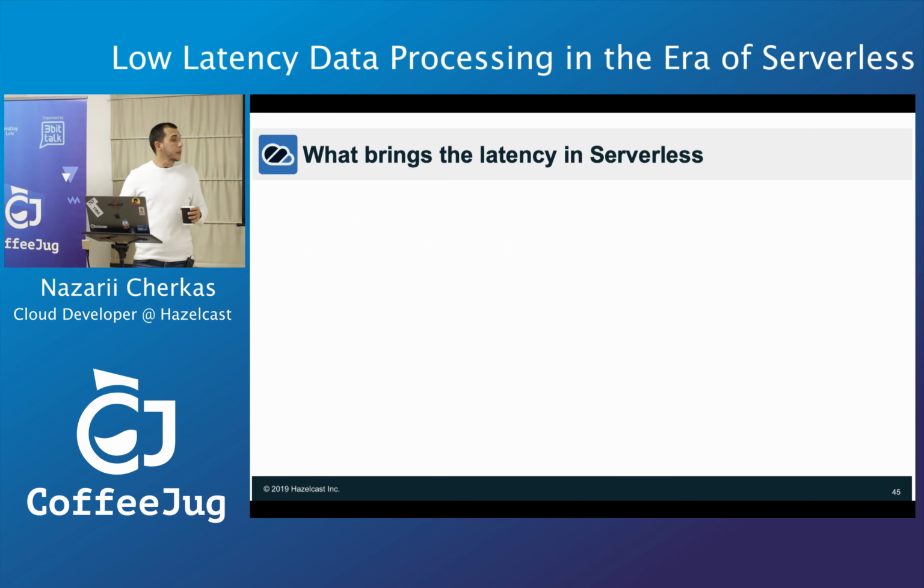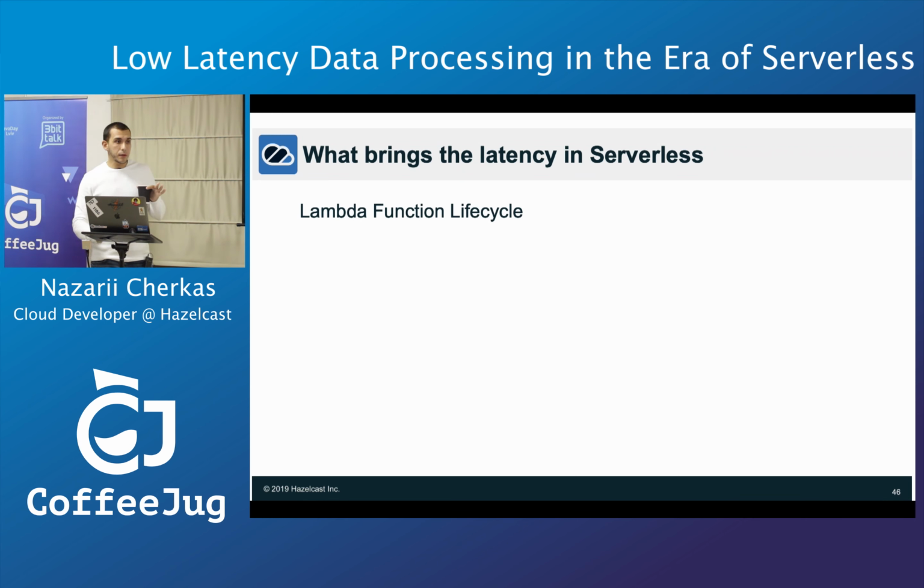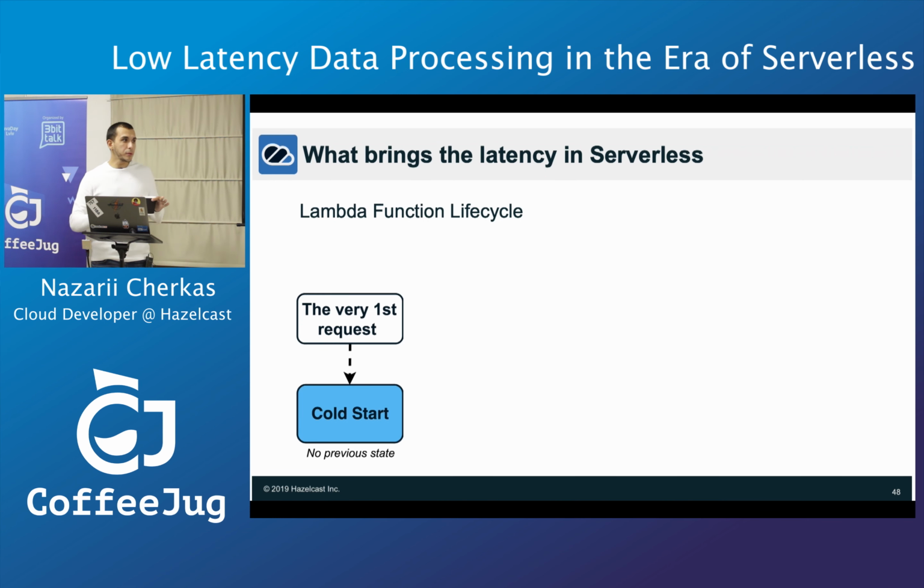What can bring latency in serverless when you're using Lambda functions? Let's see a typical life cycle of a Lambda function. It all starts with the very first request, which comes to the callback that you implemented, and it triggers a cold start. A good example in real life is when you wake up, you are still sleeping a little bit, and somebody calls you and tries to explain some problem, and you cannot get what's going on.